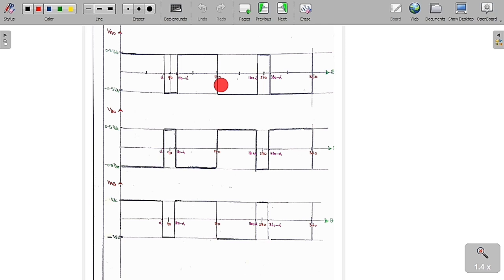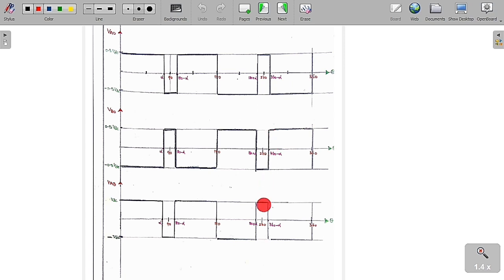Similarly, from 180 to 180 plus alpha, I am going to switch on switch 3 and switch 4. So VA0 is equal to minus VDC by 2 and VB0 is equal to plus VDC by 2. Therefore VAB is equal to minus VDC. Similarly, from 180 plus alpha to 360 minus alpha, I am going to switch on switch 1 and switch 2. So VA0 is equal to plus 0.5 VDC and VB0 is equal to minus 0.5 VDC.